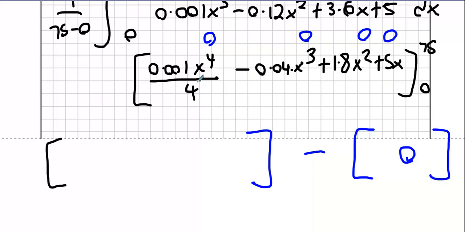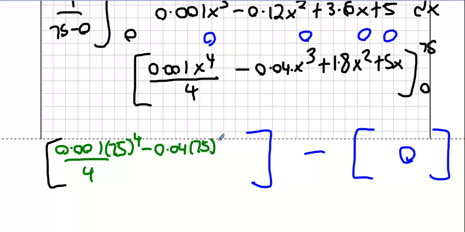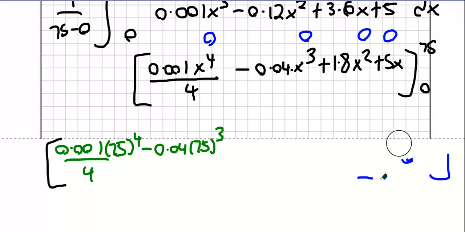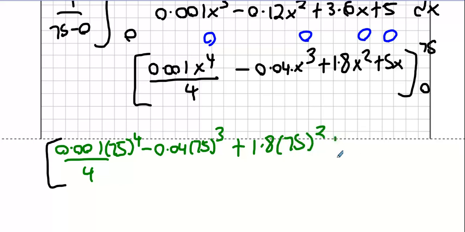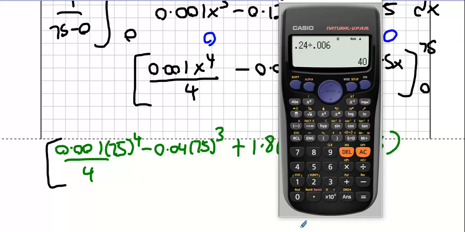Now we're going to put in 75 into this one, so it's going to be 0.001 over 4, 75 to the power of 4, minus 0.04 times 75 to the power of 3, then plus 1.8 times 75 squared, and 5 times 75. So interesting to see what this comes out as.